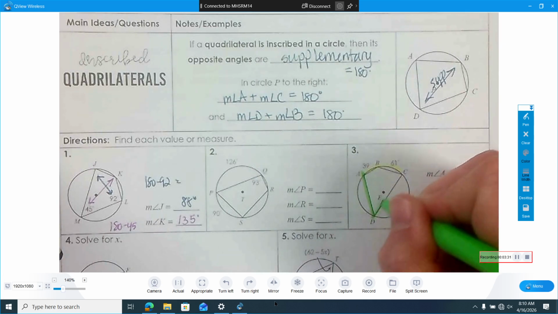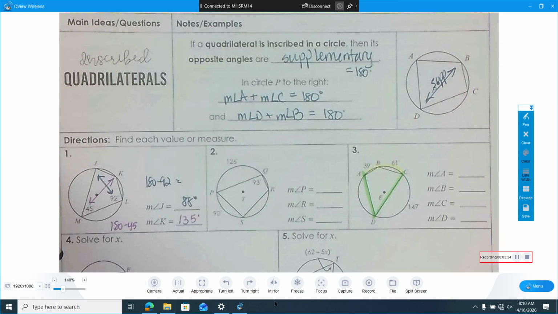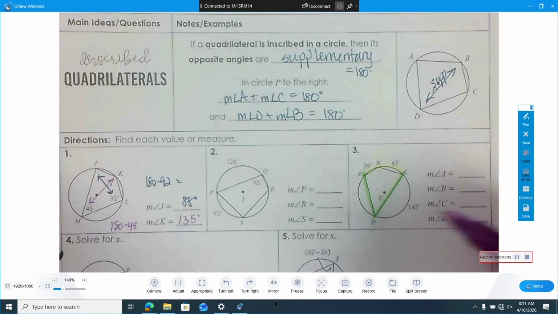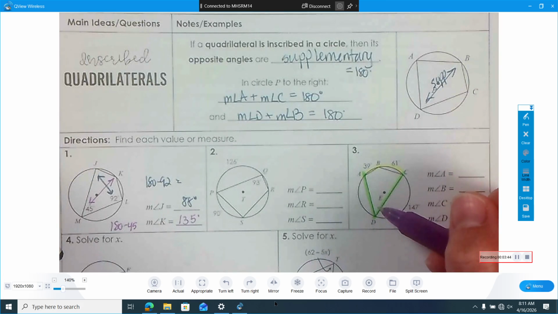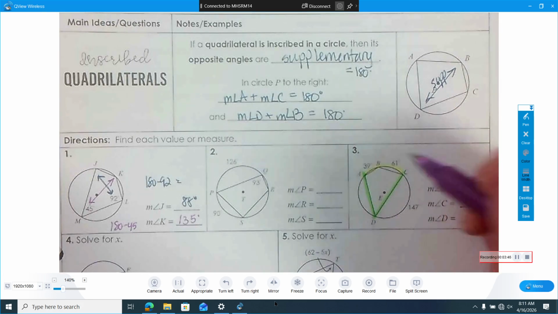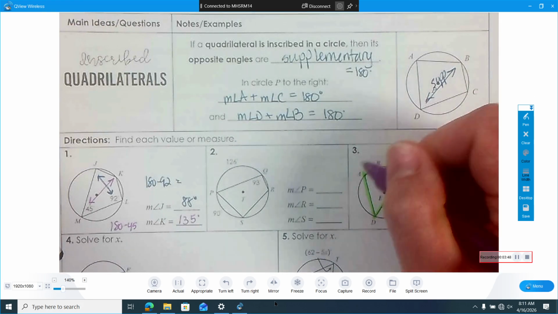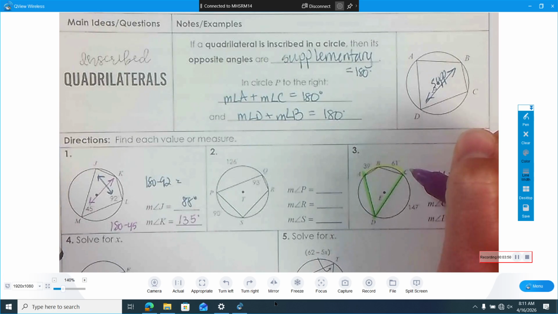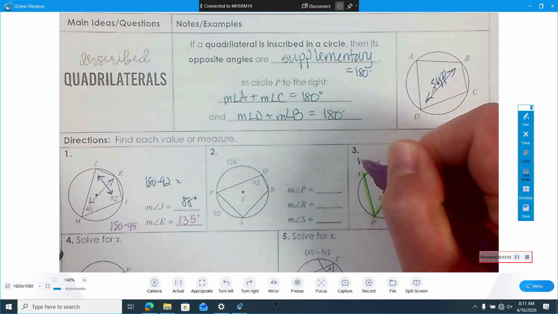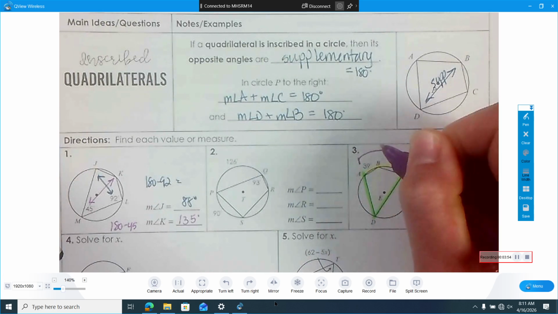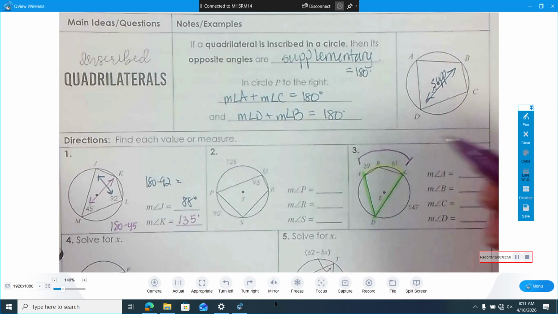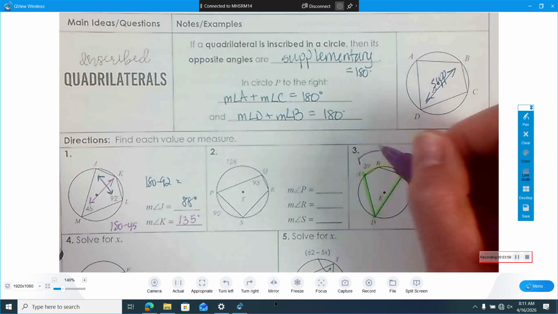But I was seeing that we have an inscribed angle here. Do you see that? Tell me about the angle measures of inscribed angles. They're half of the arc. And so how big is that arc? 100.